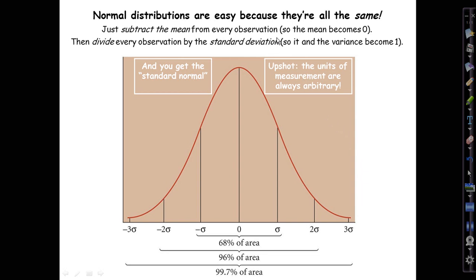And what we learn from this exercise is that the units of measurement are always arbitrary. We'll get the same insights, the same answer to a scientific question, whether we measure lengths in millimeters or inches or furlongs or whatever. Doesn't matter.